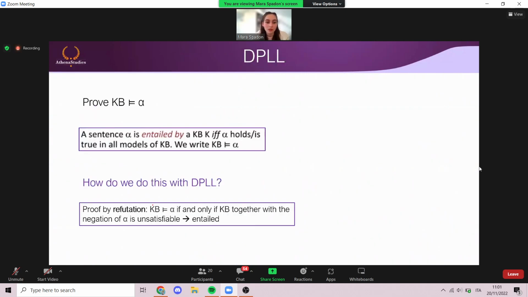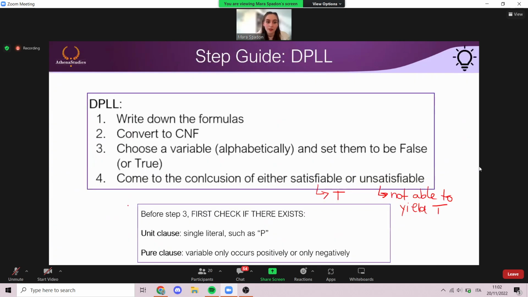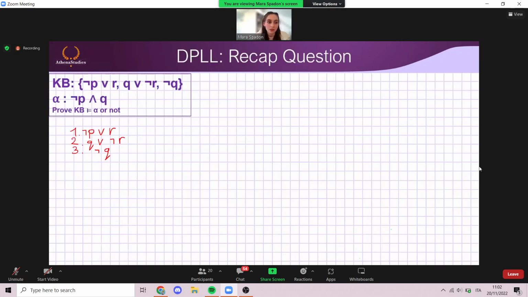So what do we do with alpha? We take the negation of alpha, and then again we convert it to CNF. What is the negation of alpha? Not P and Q. That is the normal formula, but if you want to take the negation, we negate this entire thing. Okay, so if we write this into normal form, what do we get? We have to multiply it by the minus and change the sign, right?